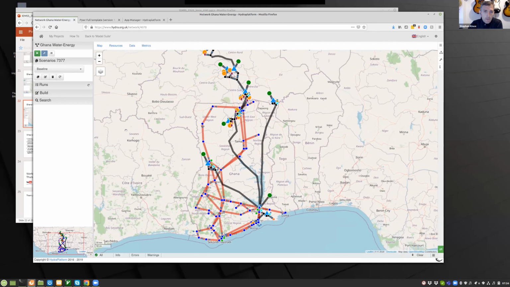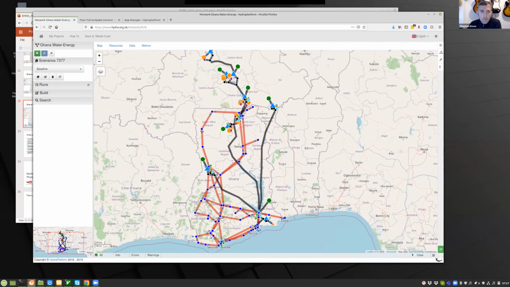Go for it. Okay, so the level of detail on this particular model is very much defined by the stakeholders, as in the people providing us with the data from Ghana. So they will have the details about the operating rules for the reservoirs and the flow data.